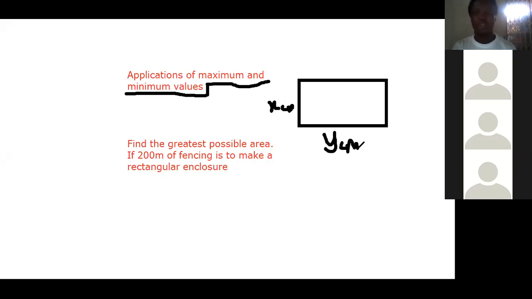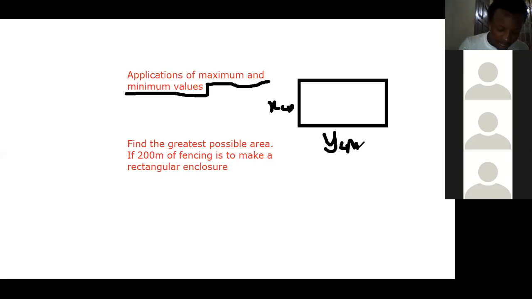Now, when you are given a rectangle, there are two things we can consider. We can consider the perimeter of the rectangle, and we can also consider the area of the rectangle, which the question says we should find. So we have area and perimeter. Let x cm and y cm be the lengths of the sides of the rectangular enclosure.